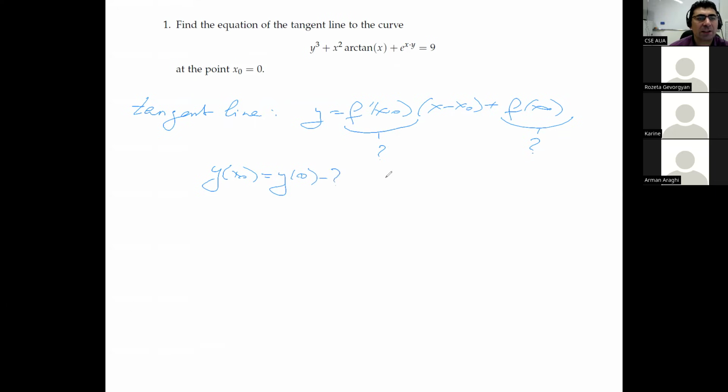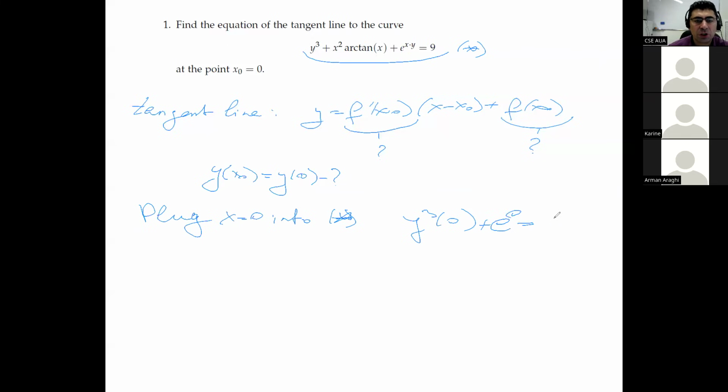To calculate this, we have to use our equation. Let's call this equation asterisk and plug x equals 0 into this one. Okay, what will we get? y cubed at 0 plus 0 squared times arctangent, which is 0, plus e to the power of 0 equals 9.